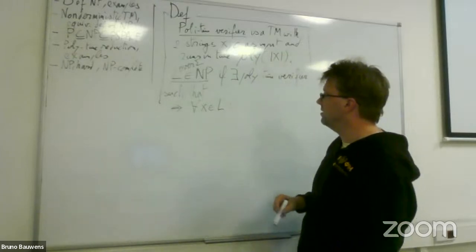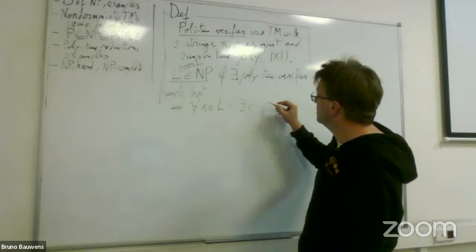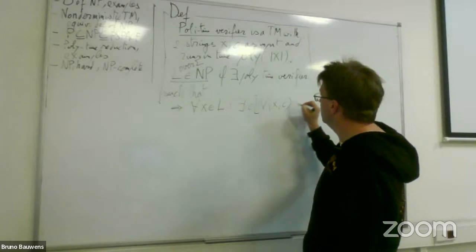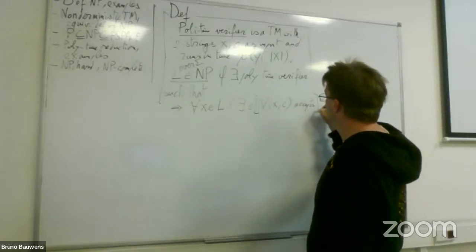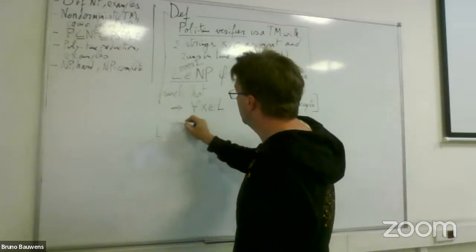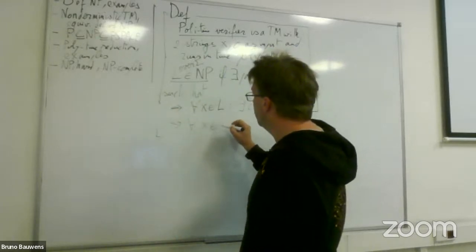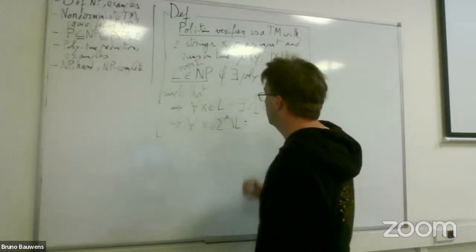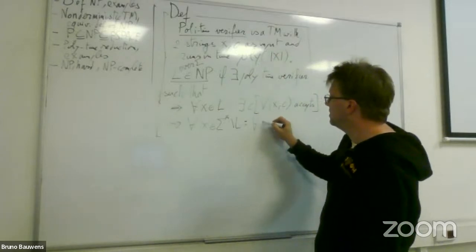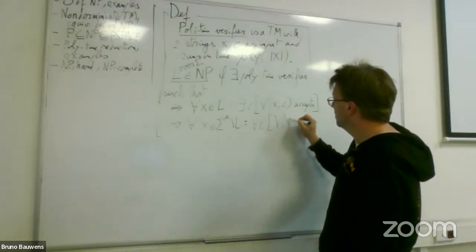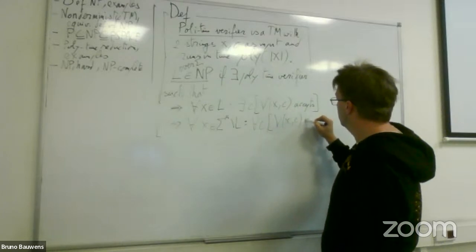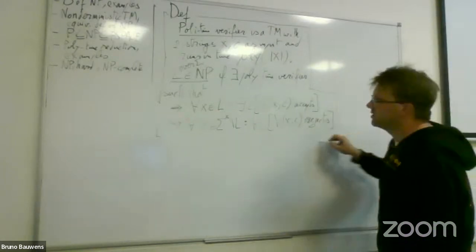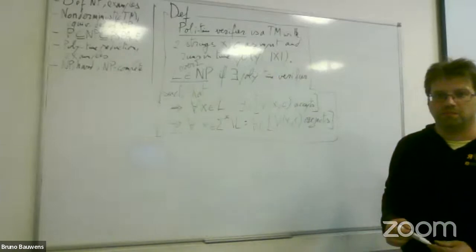For every X in L, there exists a certificate such that V(X, C) accepts. And for every X not in L, every certificate is rejected. Okay, so that is the definition of class NP.